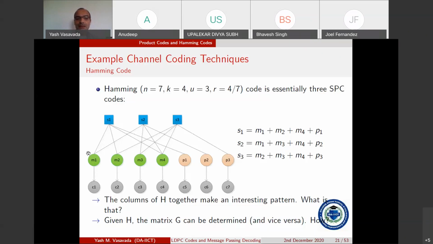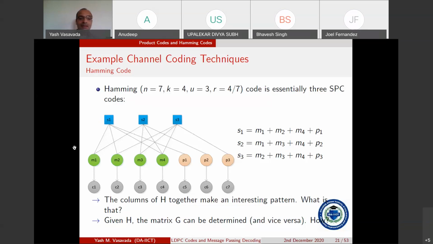And we have seen very briefly what type of message passing can happen, at least S1, how it can pass messages using that equation that is in Gallagher's paper. And the same equation S2 can use, same equation S3 can use. We also looked at repetition code, and we saw how the message passing can happen from the perspective of repetition code.